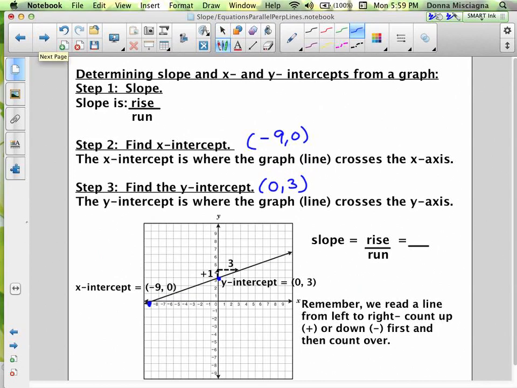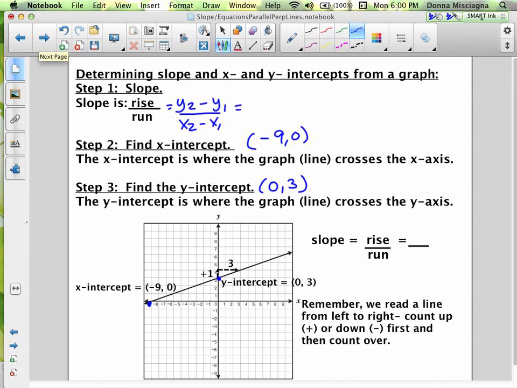Okay? All right, so now we have our 2 points. I could use that x-intercept and y-intercept to calculate my slope. If I use those points, it's going to be the difference in the y-coordinates over the difference in the x-coordinates. I'm just going to go top to bottom.